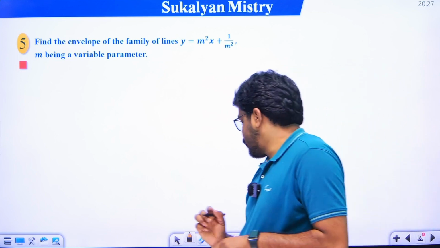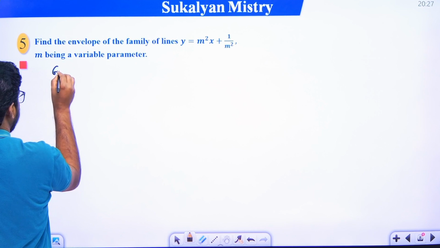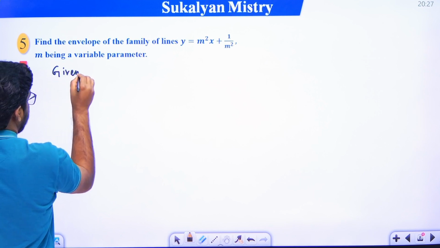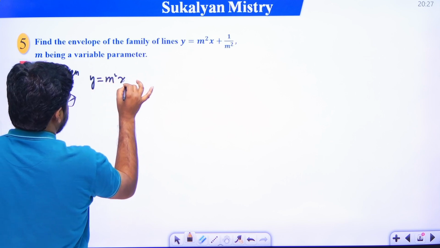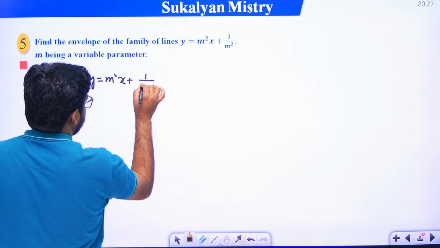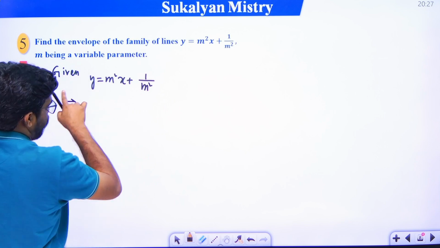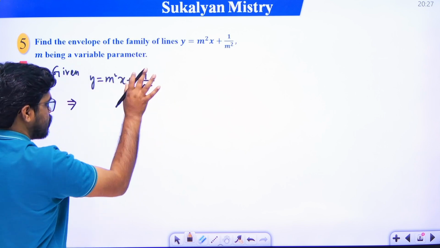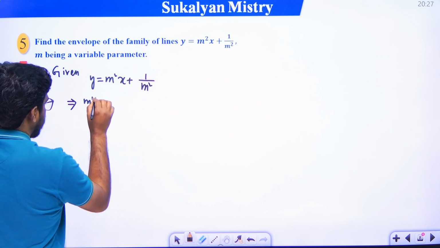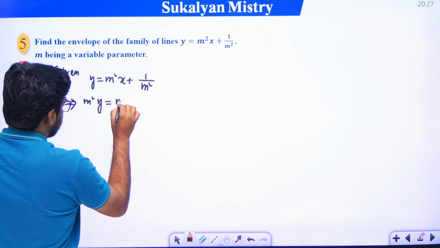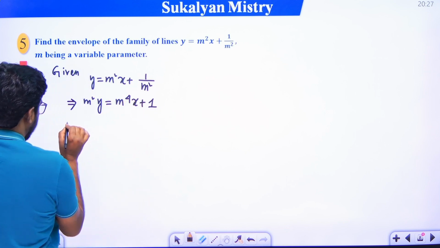Okay, so what is given here? Given y is equal to m square x plus 1 by m square. So this implies, multiplying both sides by m square, ঠিক আছে, that means m square y is equal to m to the power 4 x plus 1, right?